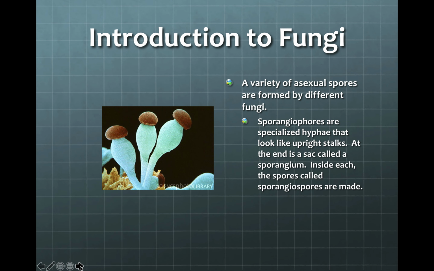All right, a variety of asexual spores are formed by different fungi. Here you can see a completely different one. The spore-producing structure that's above the ground is called a sporangiophore. This is your sporangiophore, made of specialized hyphae that form these upright stalks.